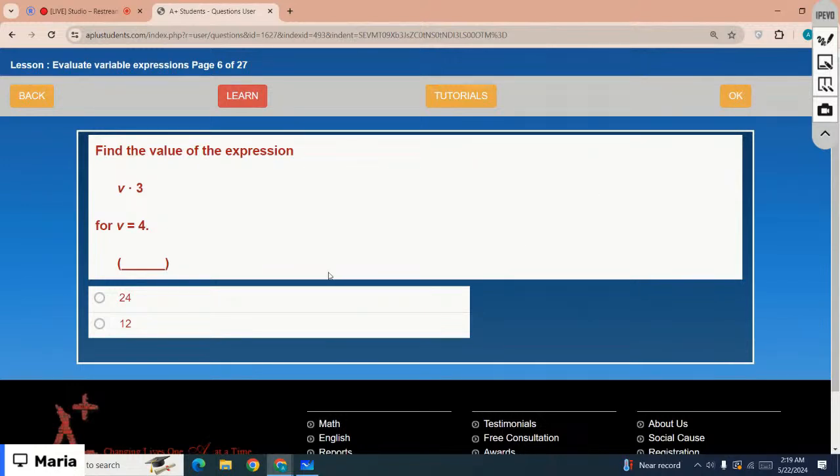The correct option is 3 times 4 equals 12. Option number 2 is the correct option. Very good.